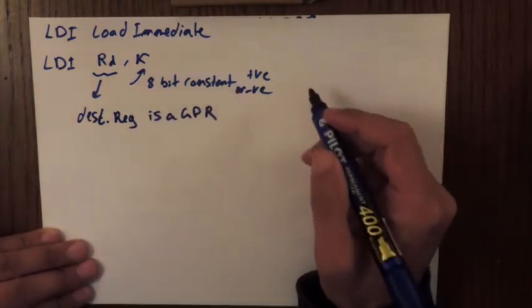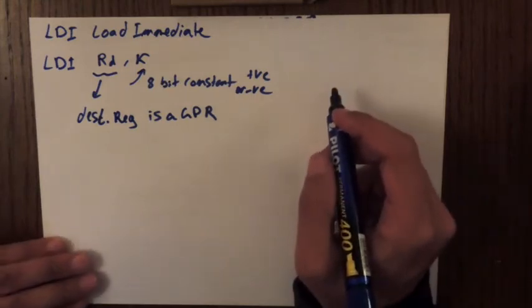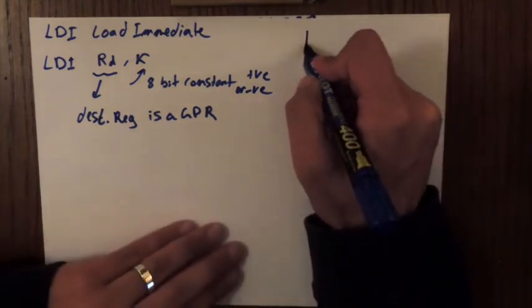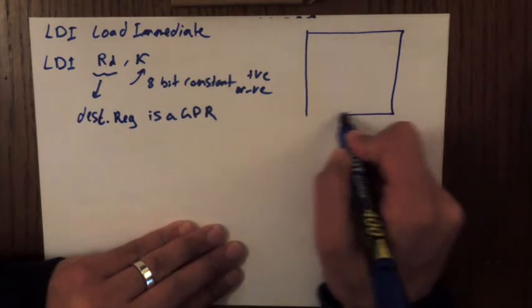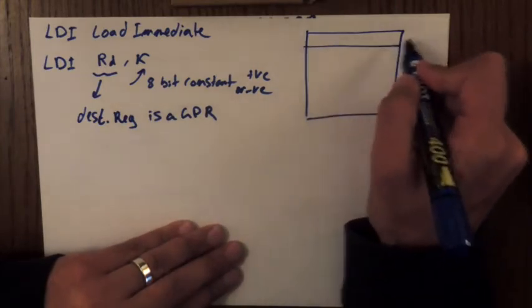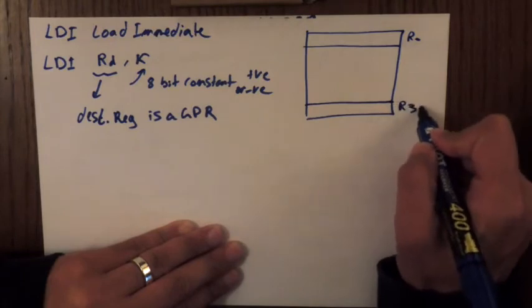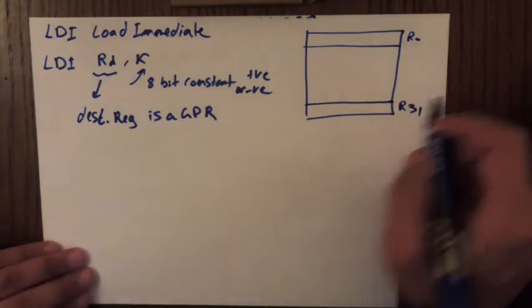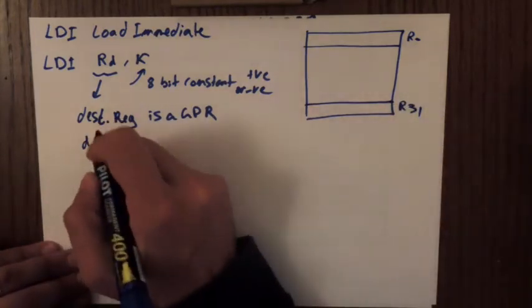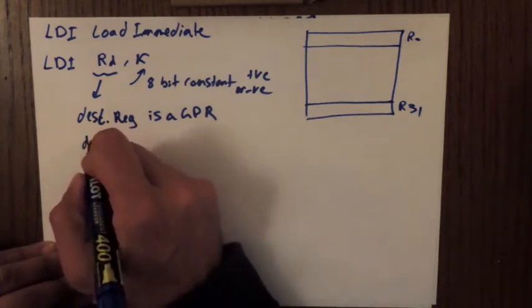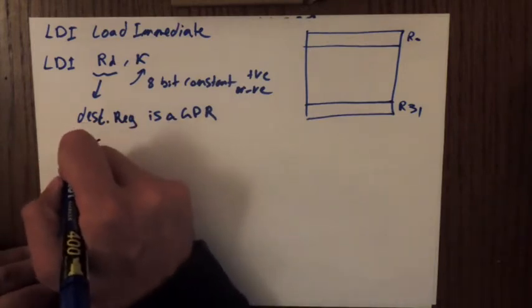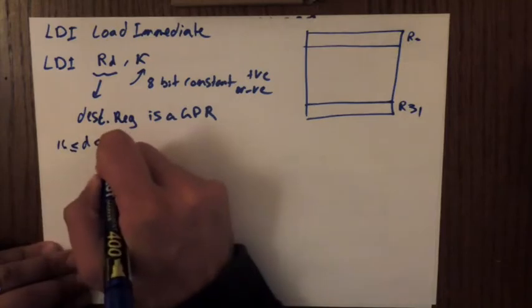However, we cannot place it anywhere in the GPR. As you remember, I said the GPR consists of 32 registers, R0 to R31. So d, the subscript d, should be between 16 and 31.